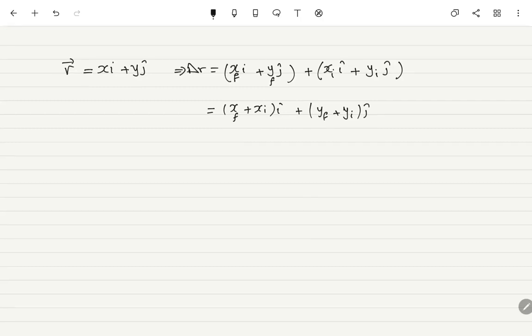This will lead us to this assumption. Rather than working with the position vector r, we can work with x and y. So we can deal with the problem as two separate problems, one on x and one on y. The same equations can be applied here, and instead of working with one dimension, we will work with two, one on x and one on y.